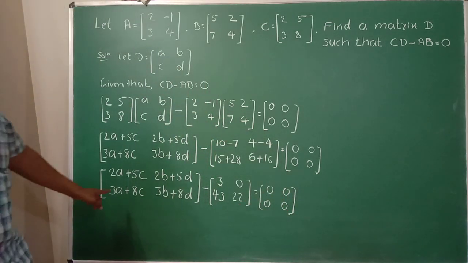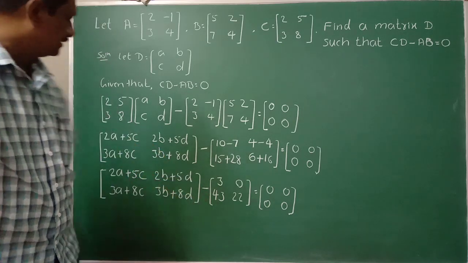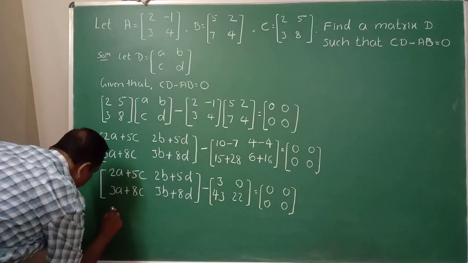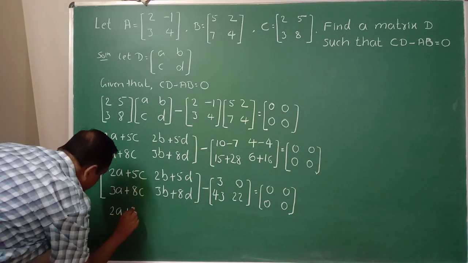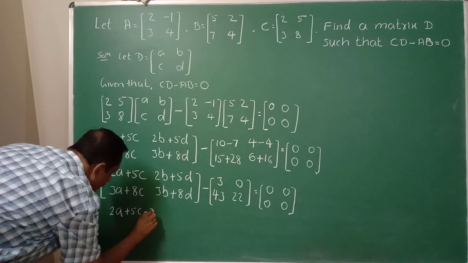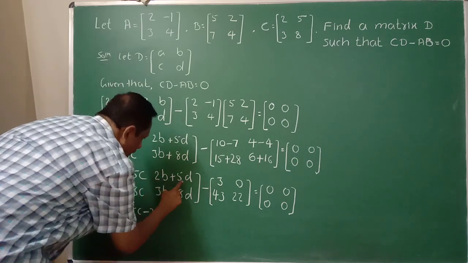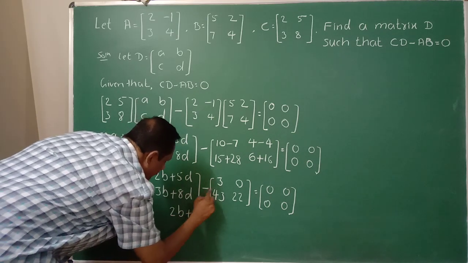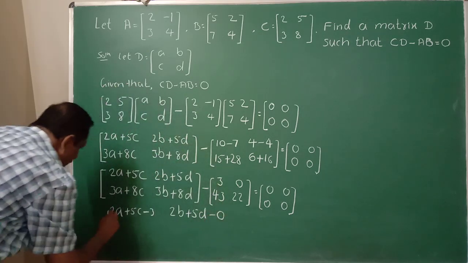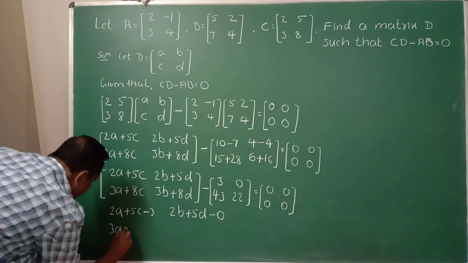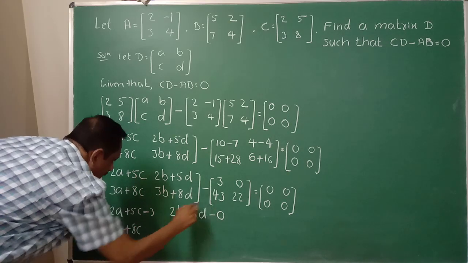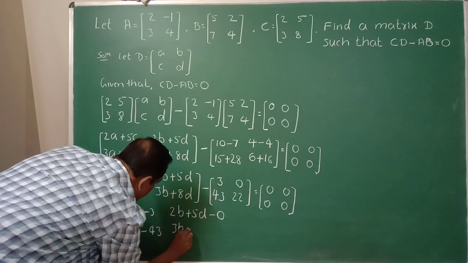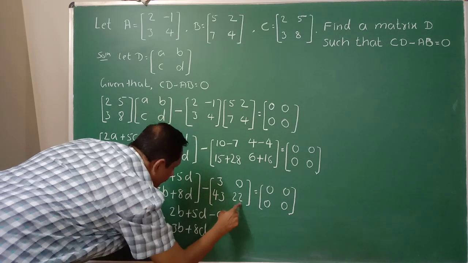Then this matrix minus this matrix: 2a plus 5c minus 3, then 2b plus 5d minus 0, then 3a plus 8c minus 43, 3b plus 8d minus 22.